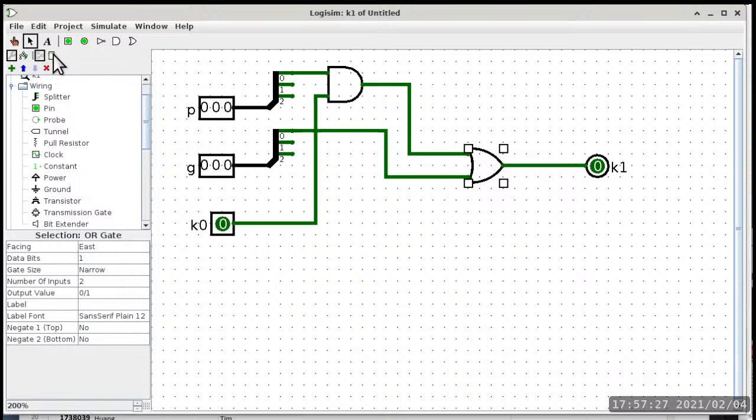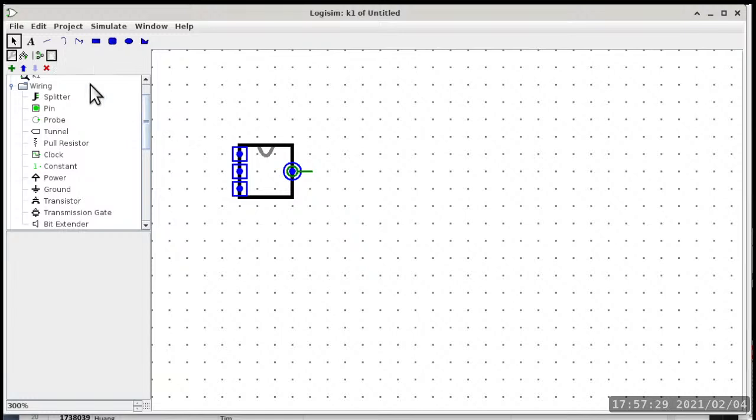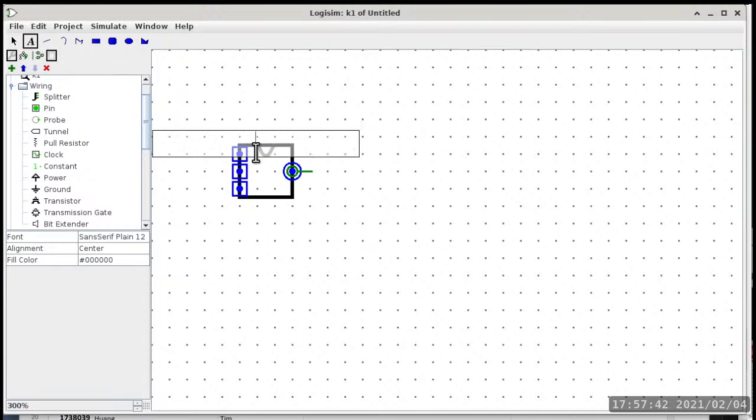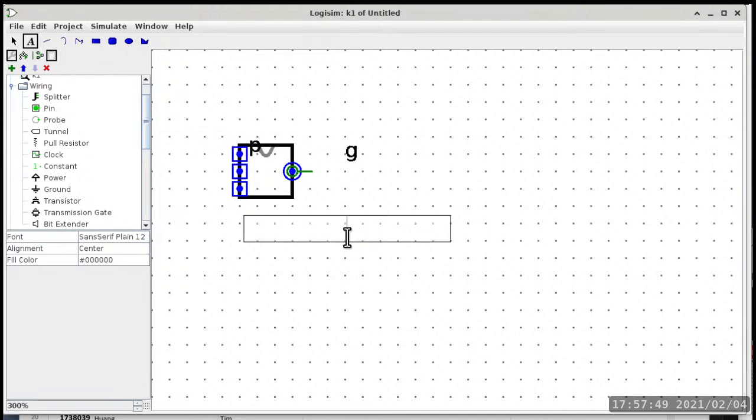So I'm going to go back to the appearance mode of this, because without any type of documentation, it's really easy to lose track of which pin is which. So I would use the text tool and, at approximately the right place, type in P, G, and K0.